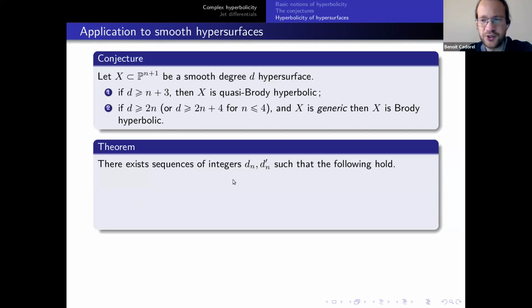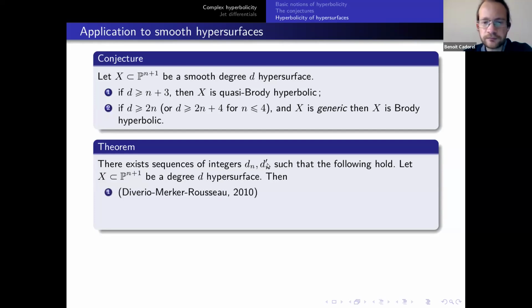So that's why it may look a little bit weird from a logical viewpoint, but just bear with me for a moment. This theorem says that there exist two sequences of integers, d_n and d_n prime, such that if you take a degree d hypersurface with degree larger than one of these two sequences, then for a generic hypersurface, X is quasi-Brody hyperbolic.